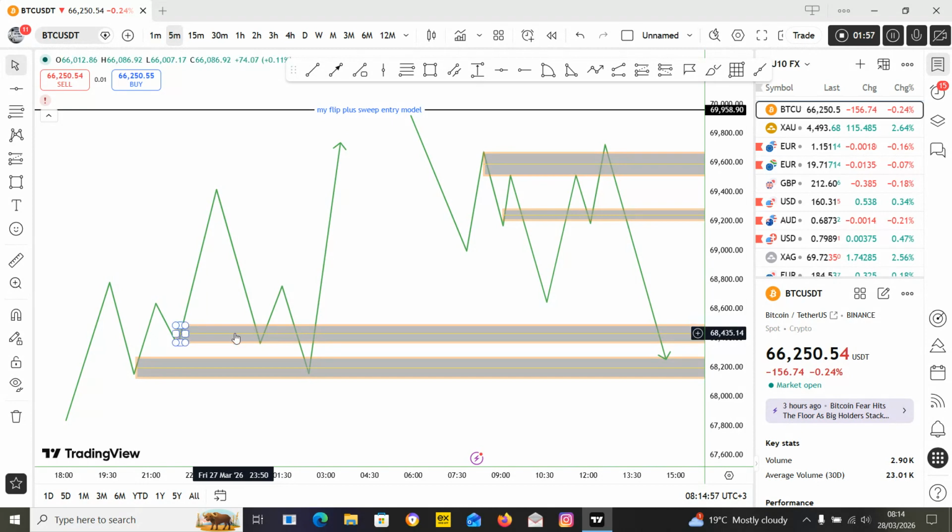And the last question you're gonna ask yourself: where is liquidity? Where is liquidity sitting or hiding? And lastly, we're going to talk about inducement.